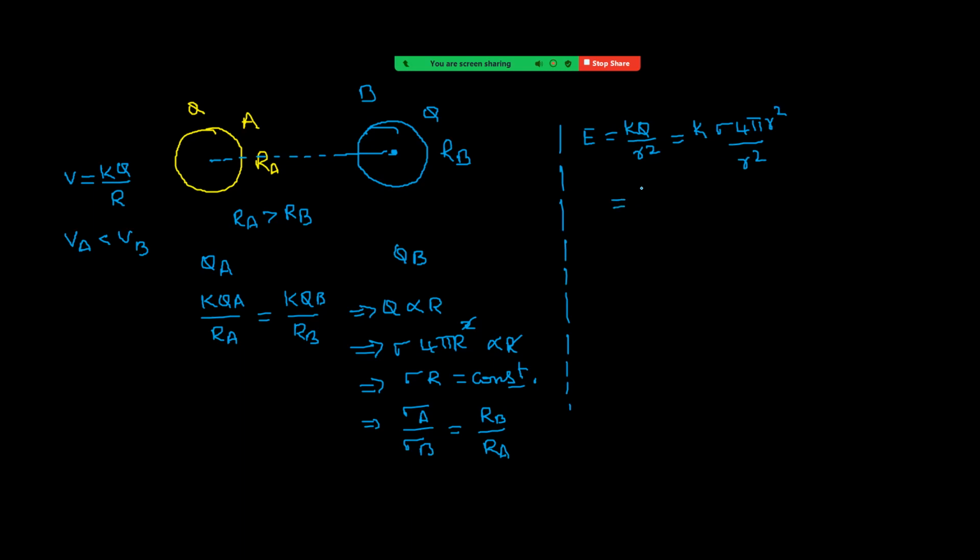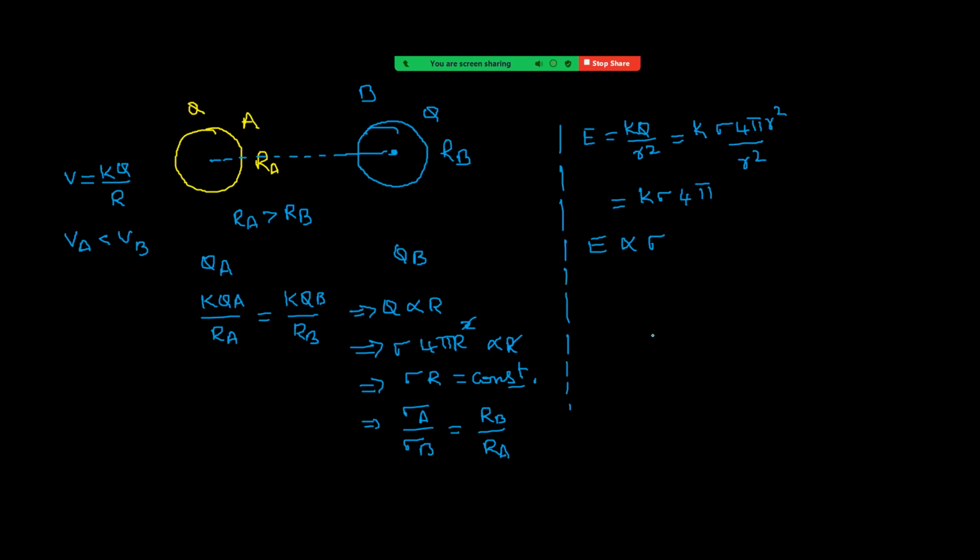So E equal to K into sigma into 4 pi. K is constant, 4 pi is constant, so we have to focus on sigma. That means E is proportional to sigma. And we got that sigma into R is a constant, yes or no?